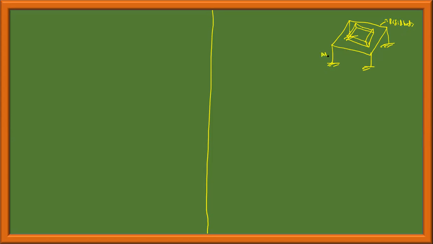This is aluminum, steel, brass, copper. Deformation in aluminum is the same as steel, the same as copper, the same as brass.